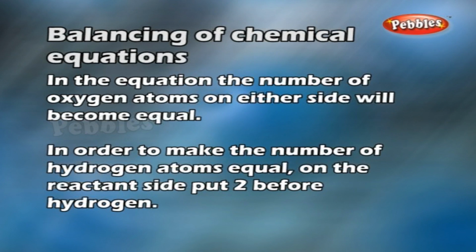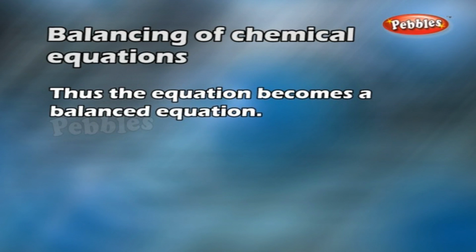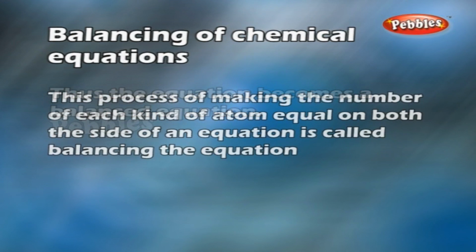In order to make the number of hydrogen atoms equal on the reactant side, put 2 before hydrogen. Thus, the equation becomes a balanced equation. This process of making the number of atoms equal on both sides of an equation is called balancing the equation.